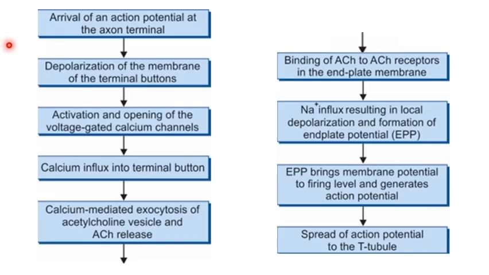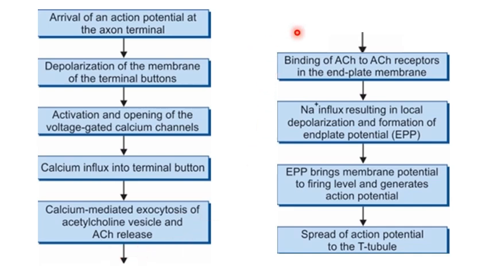Now, to summarize all the steps in the form of a flowchart, first the action potential arises at the axon terminal. Then depolarization of the membrane of the terminal buttons, that means synaptic knobs, occurs. Then voltage gated calcium channels open and calcium influx occurs into the terminal buttons. The calcium mediated exocytosis of acetylcholine vesicles occurs and acetylcholine is released in the synaptic cleft.